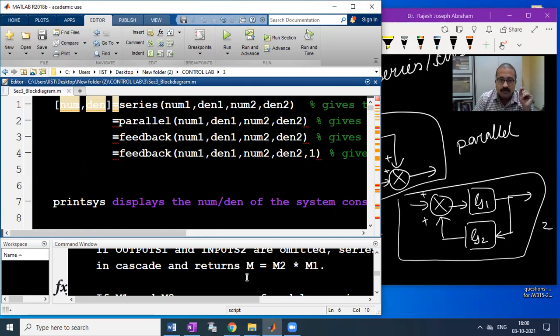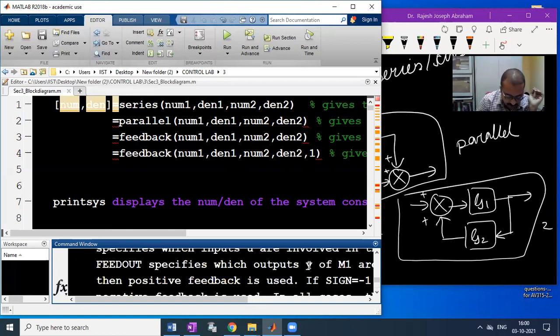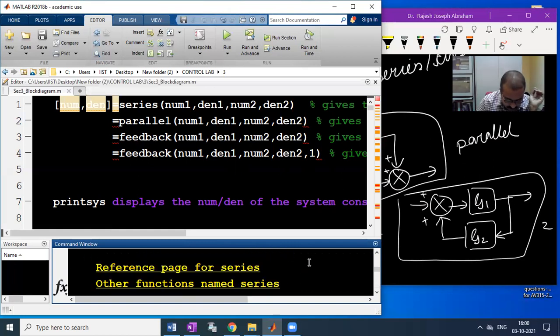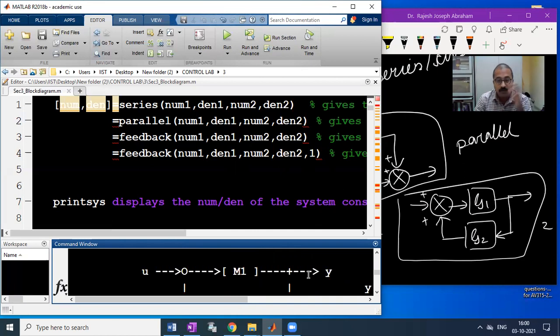If you have any doubt, type help space feedback. Everything pertaining to the command feedback will be displayed. It computes the closed loop configuration. You can go through that later.